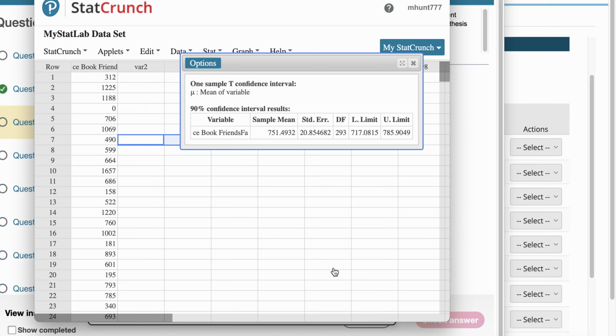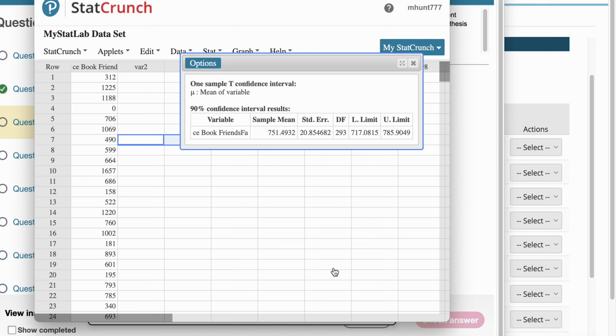Always start, I think I've said this before, a statement about confidence intervals with, we are 90% confident that on average the number of Facebook friends in this high school is somewhere between 717 and 786.